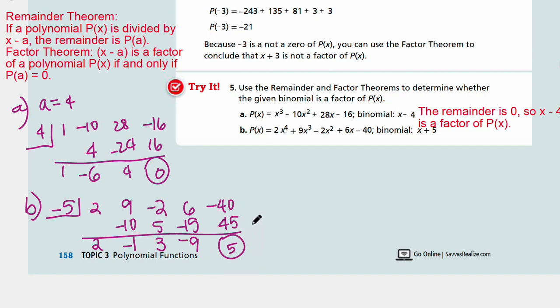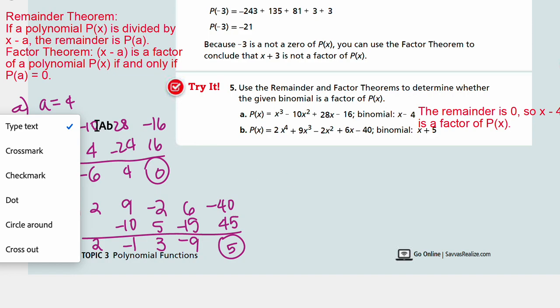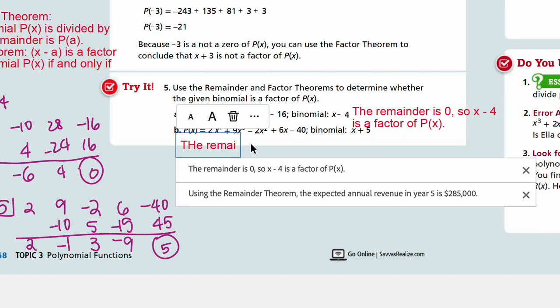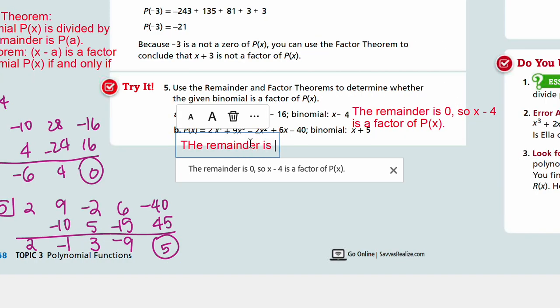So the remainder is not 0, so this cannot be a factor of p of x. The remainder is 5, not 0.